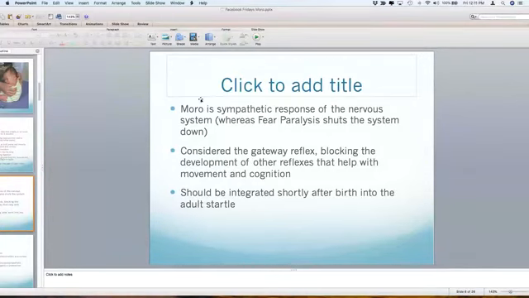So if there are a lot of reflexes that are unintegrated, the Moro is the primary one that needs to be addressed first, or in conjunction with the other ones, because reflex researchers consider that other reflexes are unable to integrate if the Moro is still present. And it should be integrated shortly after birth into the adult startle called the Strauss reflex.